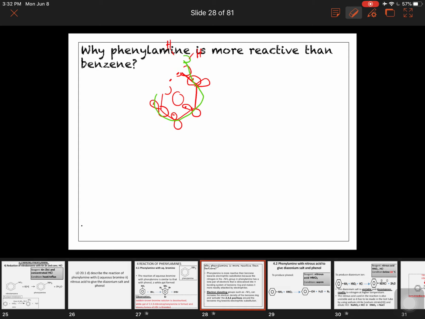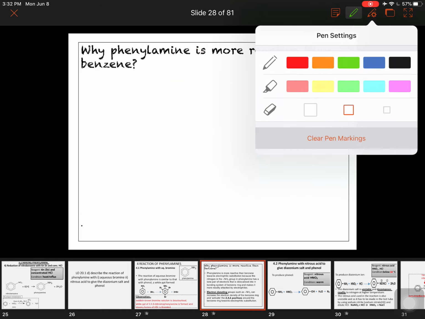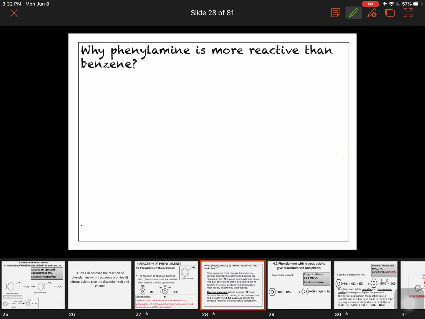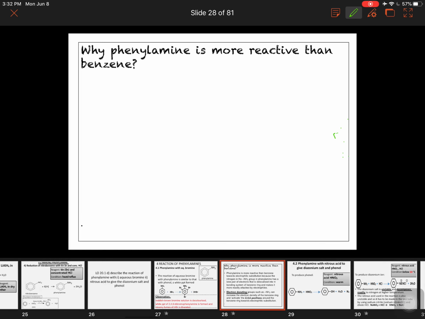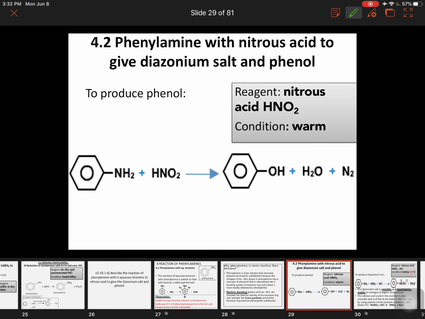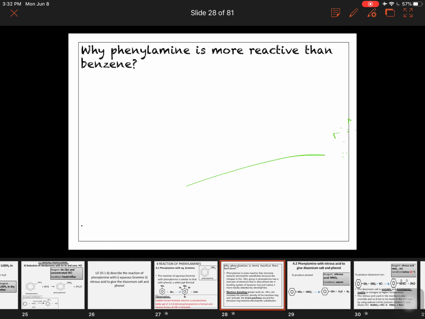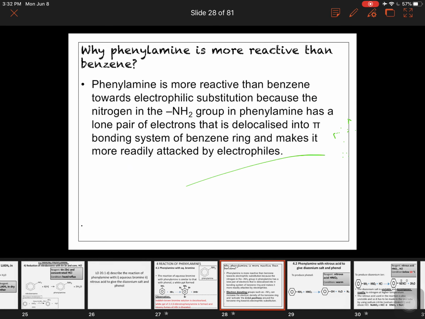So the explanation for that is: phenylamine is more reactive than benzene to electrophilic substitution because the nitrogen in phenylamine has a lone pair of electrons that is delocalized into the pi bonding system of the benzene ring and makes it more readily attacked by the electrophile. So because you now have a bigger electron density inside the ring, it will attract the electrophiles even better.